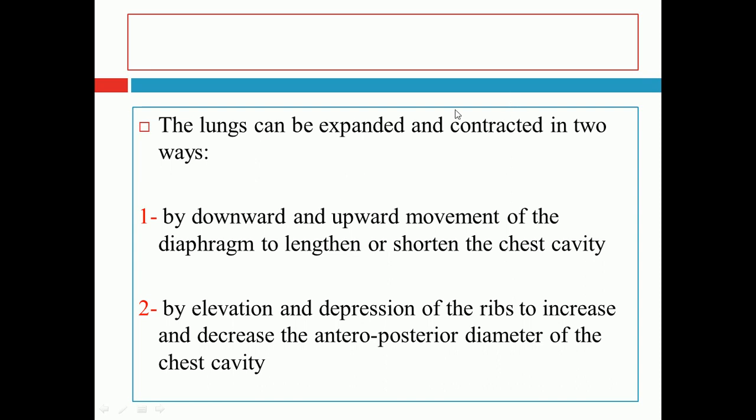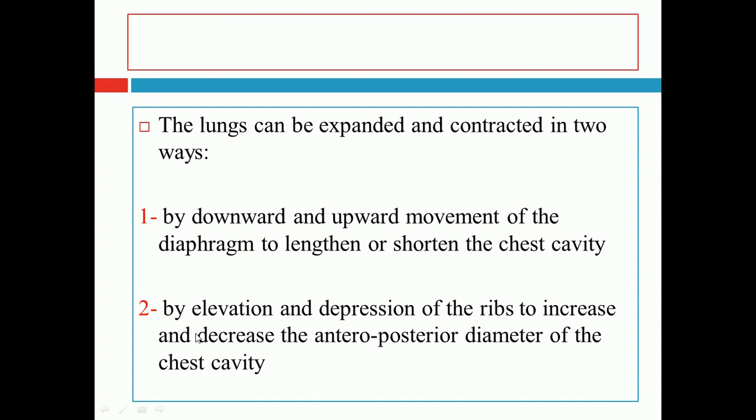So the lungs can be expanded and contracted in two ways. Number one, by downward and upward movement of the diaphragm to lengthen or shorten the chest cavity. Simply, the diaphragm will move downward or upward. When it moves downward, it will lengthen the chest cavity. When it moves upward, it will shorten the chest cavity.